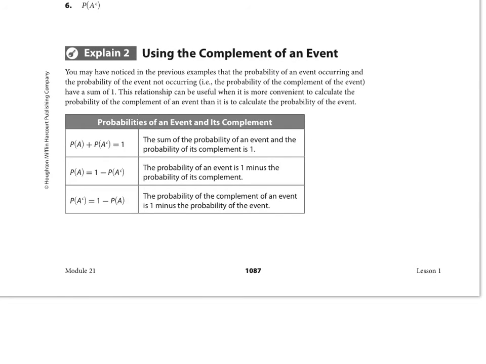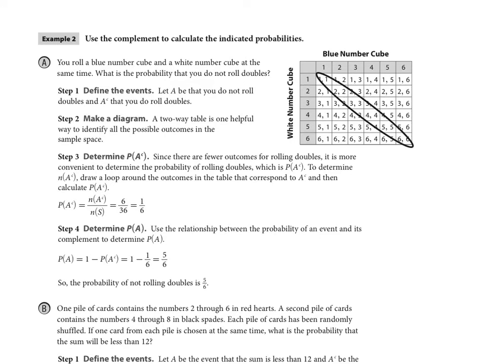Well, if we go to the next page, I'm on page 1088 here in example 2, and we're talking about how we're going to use the complement to calculate the probability that they're asking me for. In part A, we have a blue number cube and a white number cube at the same time, so a blue die and a white die. What is the probability that we do not roll doubles?